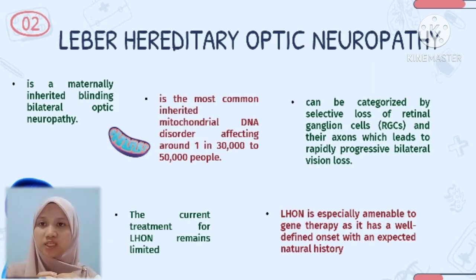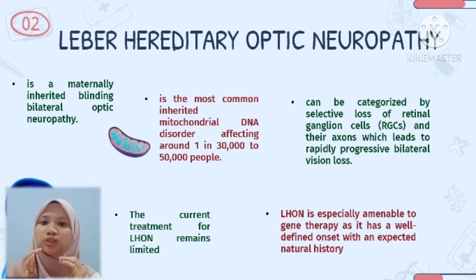Leber hereditary optic neuropathy (LHON) is a maternally inherited blinding bilateral optic neuropathy. It is the most common primary mitochondrial DNA (mtDNA) disorder, affecting about 1 in 30,000 to 1 in 50,000 people, particularly young adult males.